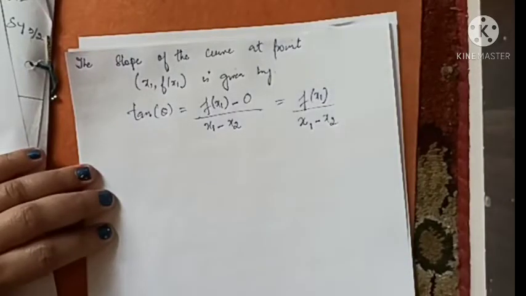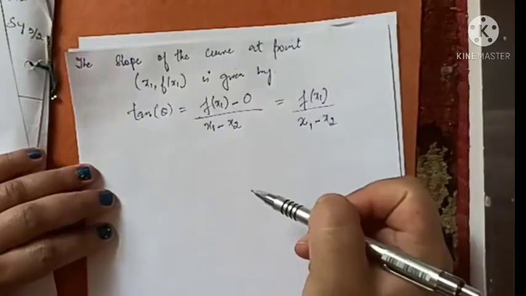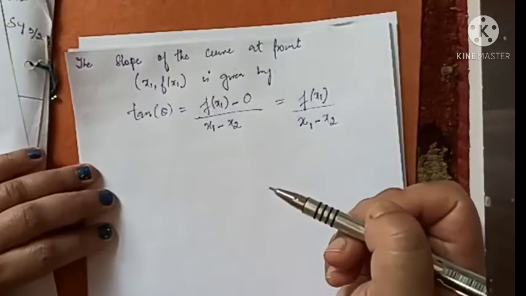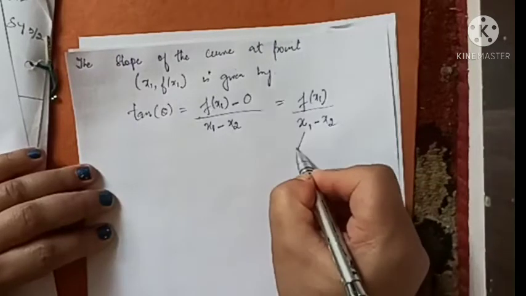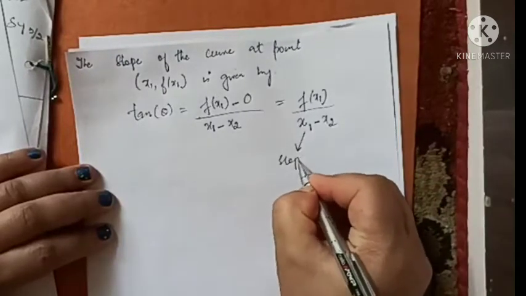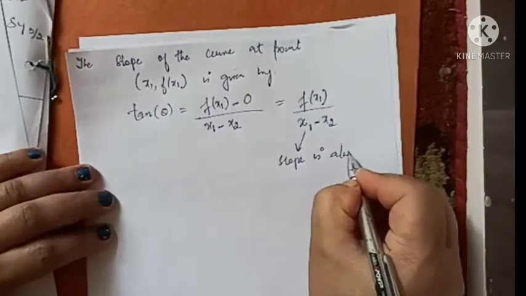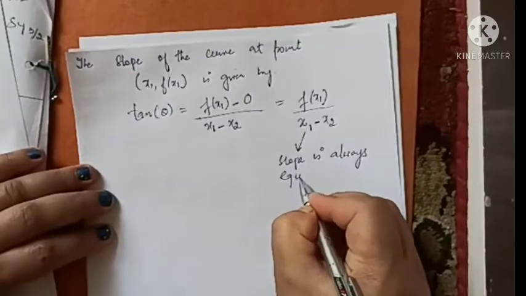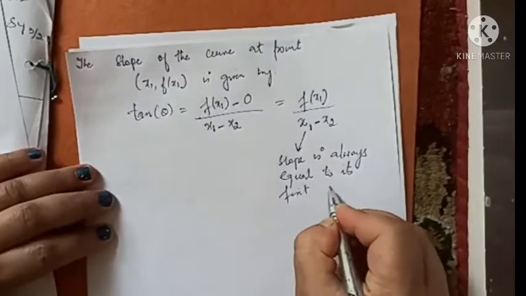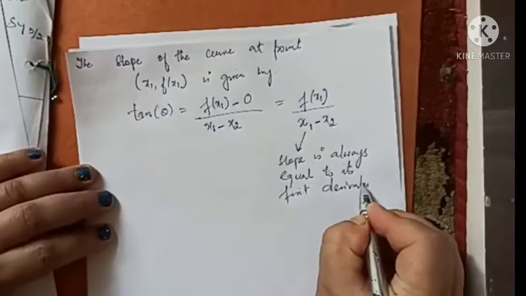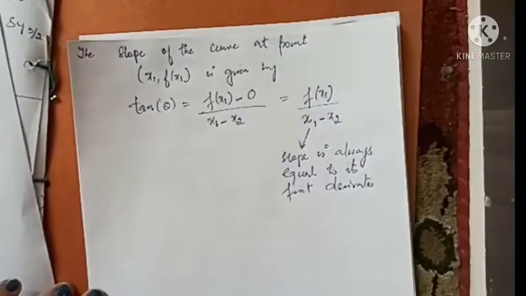You know that the slope we calculated is always equal to the first order derivative, right? So slope is always equal to its first derivative.